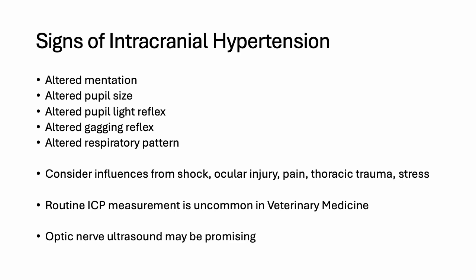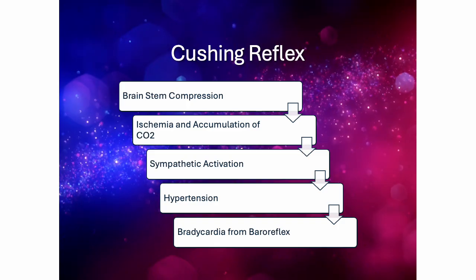The optic nerve may be a window to monitor ICP indirectly, because the optic nerve is a direct extension of the brain, and if the pressure is high in there, the optic nerve will be wider. There are studies on this, but for most of our patients, we're either draped in or in a magnet, so we're not going to be using this much. It's probably more useful for ICU.